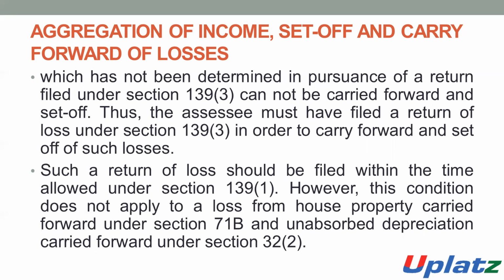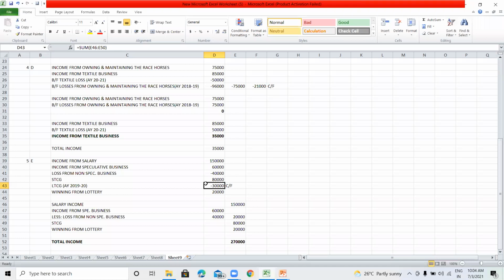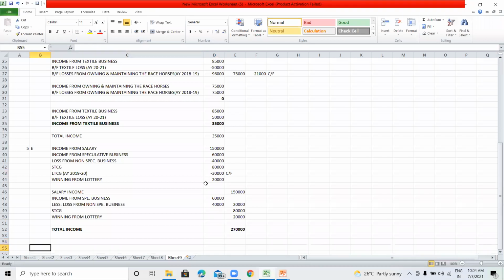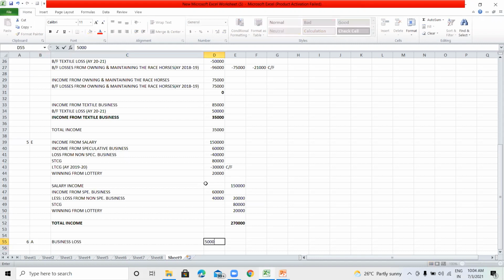Thus the assessee is required to file his loss return under section 139 subsection 3 to carry forward and set off the losses. For example, there is an assessee A who has a business loss of rupees 5 lakh.